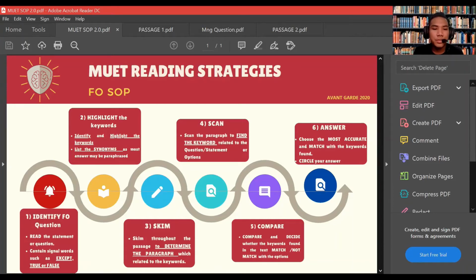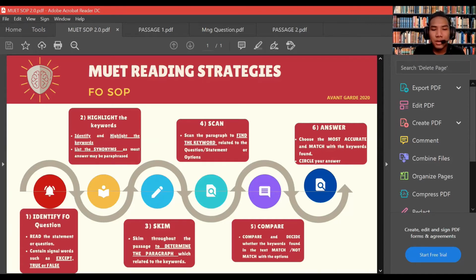So you have to use synonyms to search for them in the text. Then, in the third step, you need to skim through the passage to determine which paragraph contains or relates to the keywords. After you have determined the paragraph, you scan it to determine if the keywords are related to the question, statement, or the answer options.